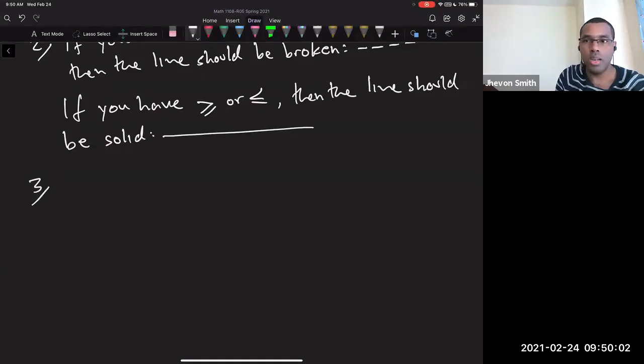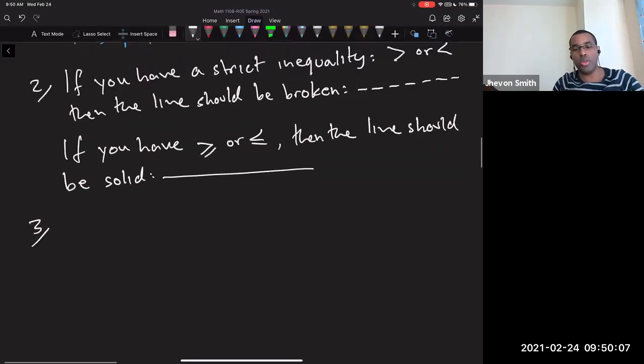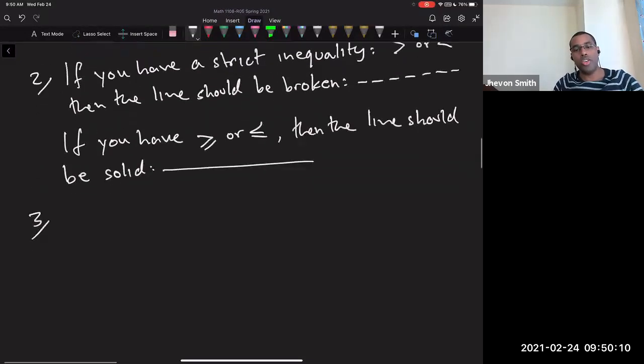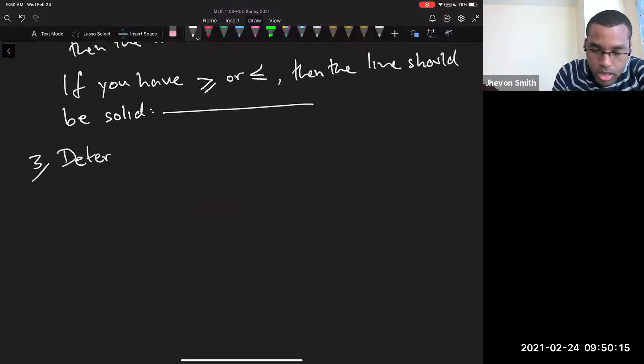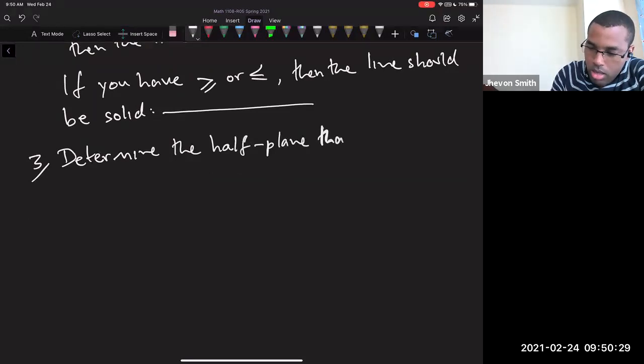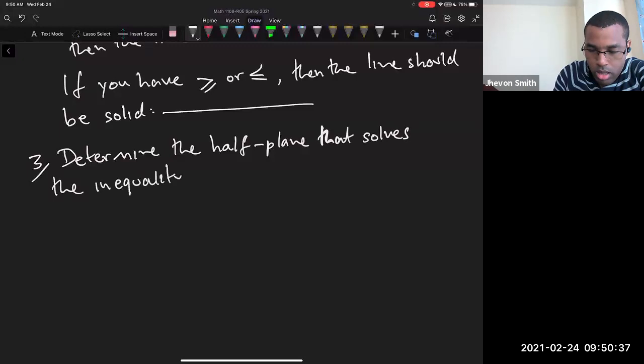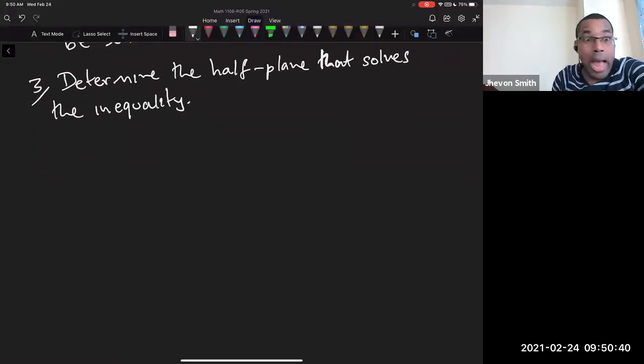Three. Now what you're going to do, once you've made your sketch according to the kind of inequality you have, is determine the half plane that solves it. How do we do this, Jhevon?